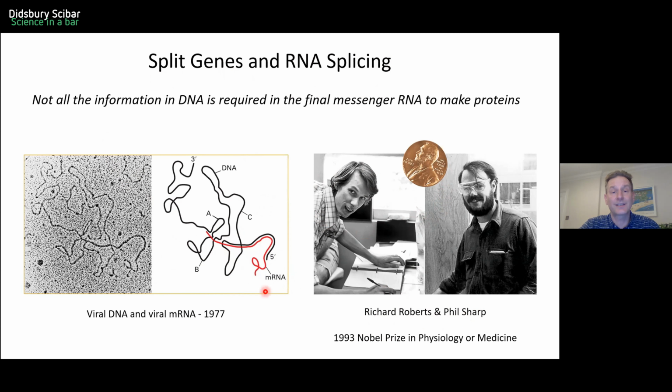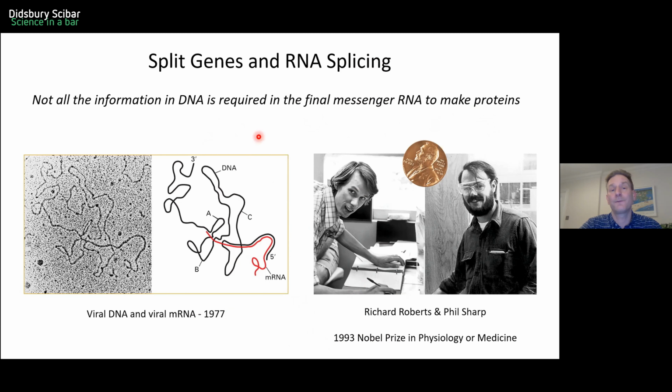They did some of these experiments and other experiments to show that our genes, and genes in viruses as well, are split, and that the RNA needs to be processed or spliced to get this final messenger RNA to go on and make a protein in the cell. This is really important because proteins are the essential catalyst of a lot of things within our cells. And they won the Nobel Prize in 1993 for this discovery.